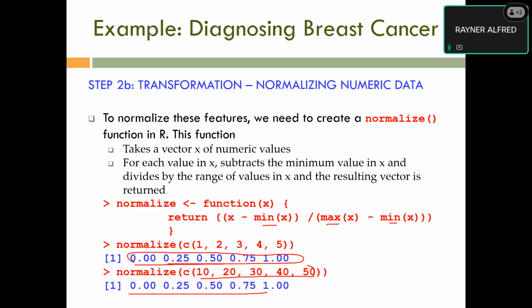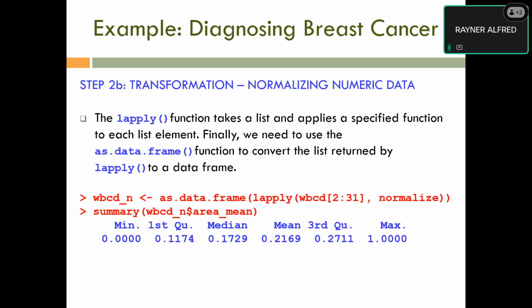Now we want to do normalization. So we are applying the normalize function to all the columns from 2 to 31. This will normalize our data in R.